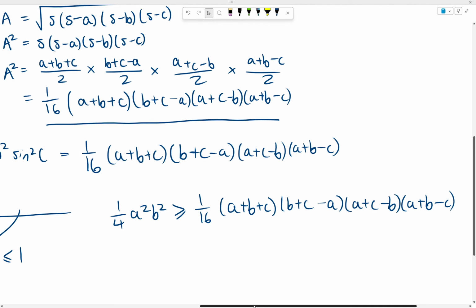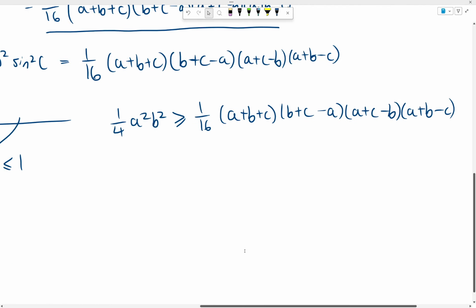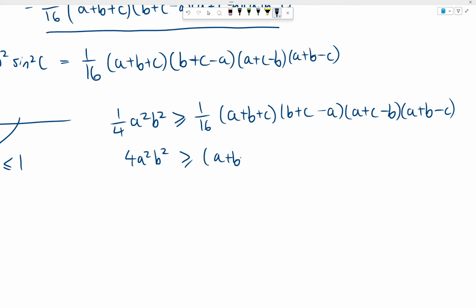And then timesing both sides by 16 gives 4a squared b squared is greater than or equal to (a plus b plus c)(b plus c minus a)(a plus c minus b)(a plus b minus c).